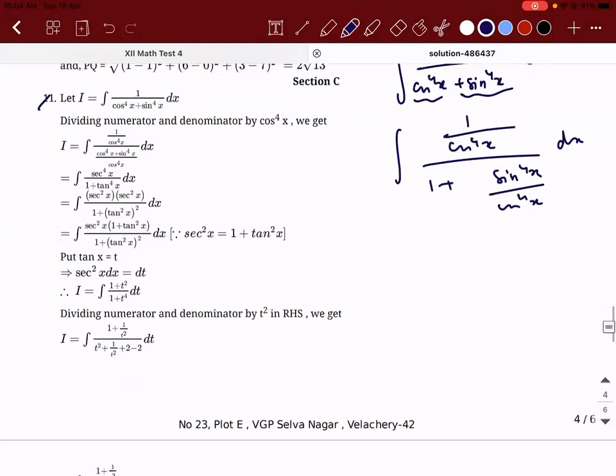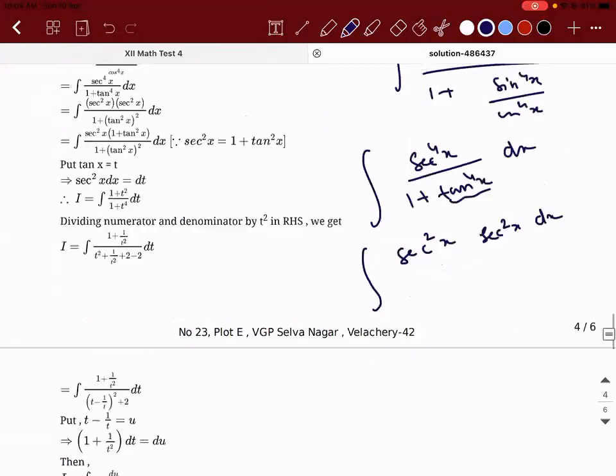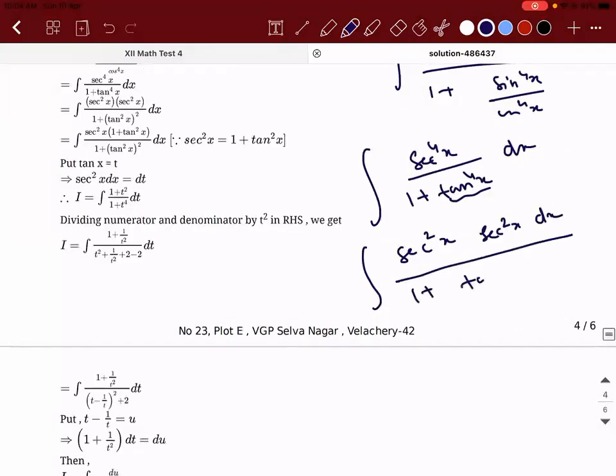So observe this problem. This will be secant power 4x divided by 1 plus tan power 4x dx. I can think of substituting tan x as t. But unfortunately, secant square x dx is dt, and you have secant power 4x. So what we will do is split it as secant square x into secant square x dx divided by 1 plus tan power 4x.